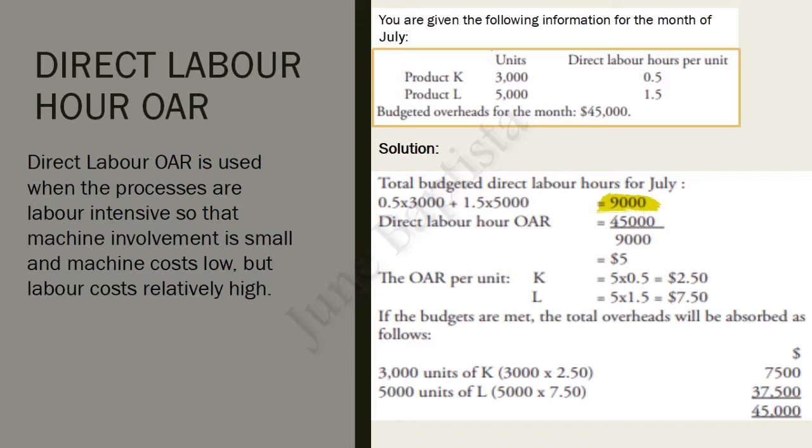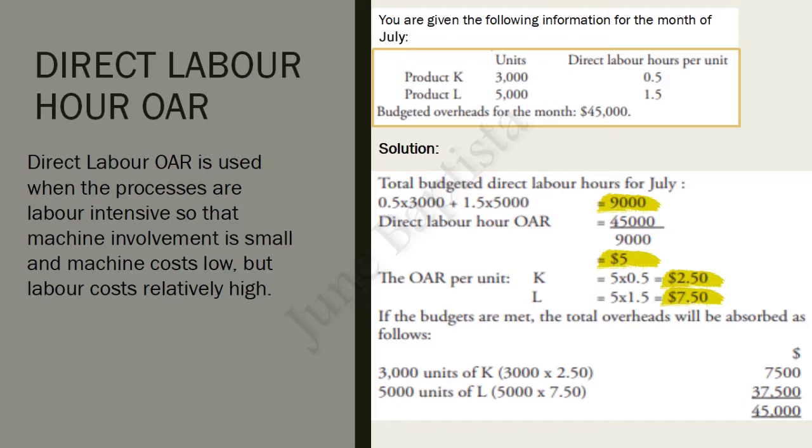Therefore, the direct labor hour OAR is equal to 45,000, which is the budgeted overheads for the month of July, divided by the budgeted direct labor hours of 9,000, giving you $5 per direct labor hour. The OAR per unit of K is therefore $2.50, and for that of L is $7.50.